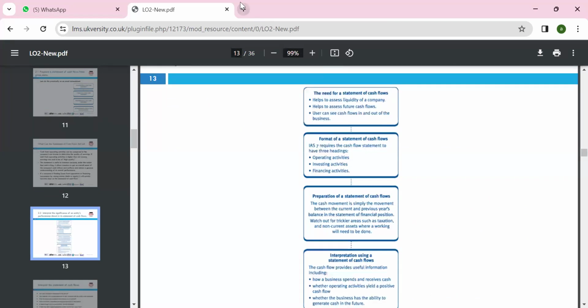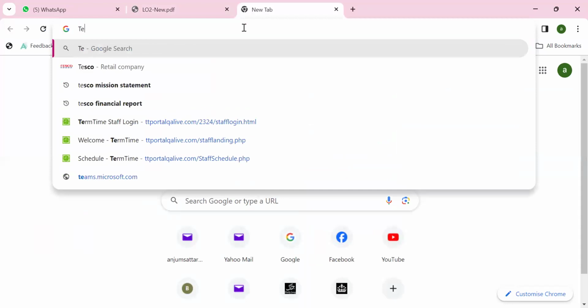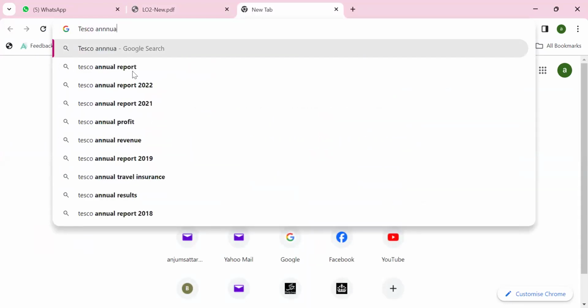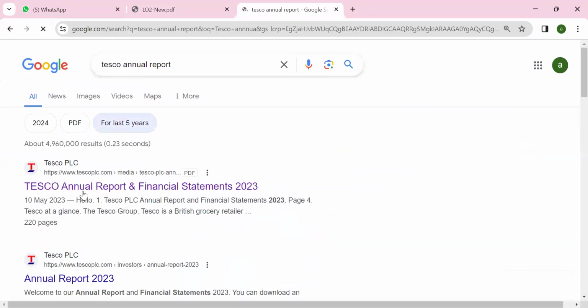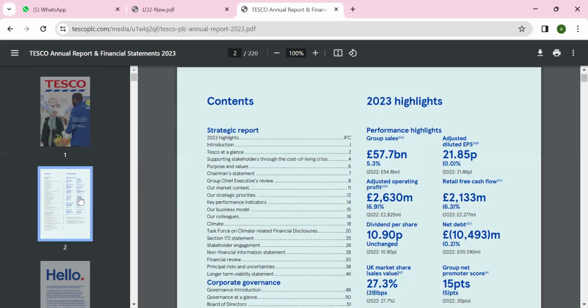If we look at a real example, we can find the Tesco annual report, and I can show you here. Hope you can see this.